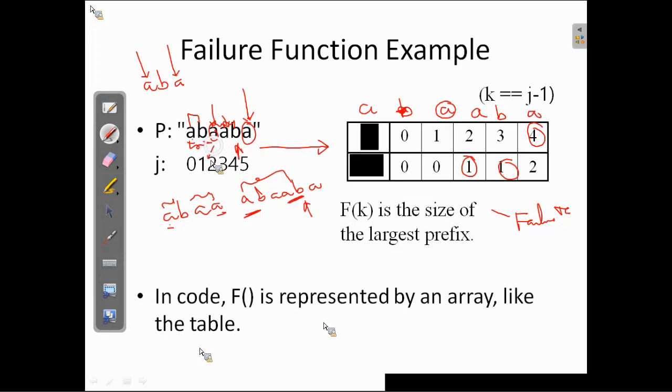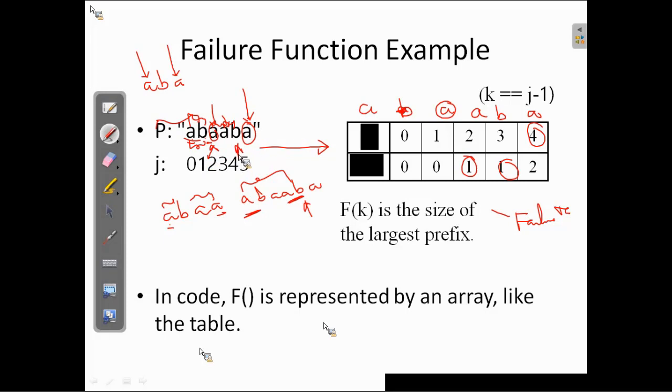I can start the matching from here because this is already deemed a match. All the earlier matching can be skipped in the pattern, and the matching can start from this position onwards. This ABA, so now I'll start matching. If this is the position of mismatch, I'll start matching from here. So that is very important to know.